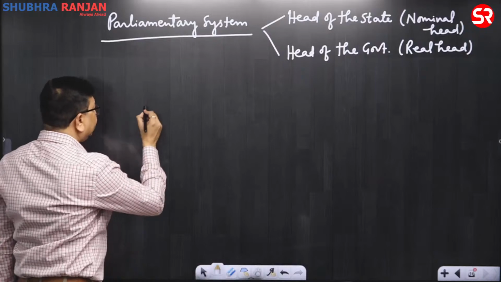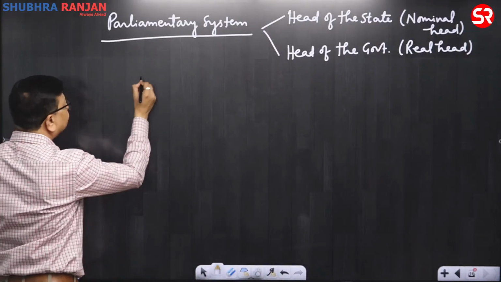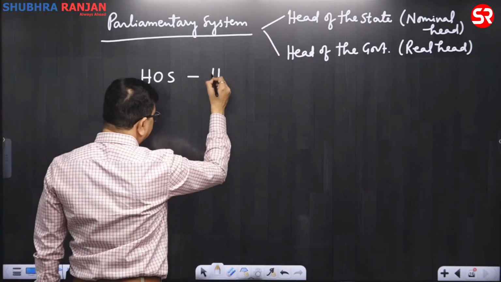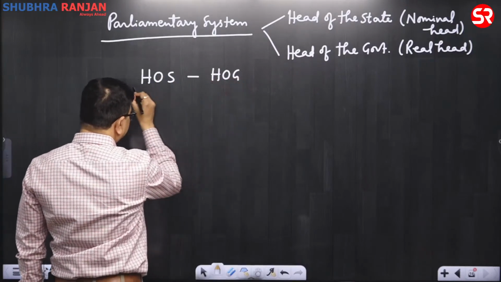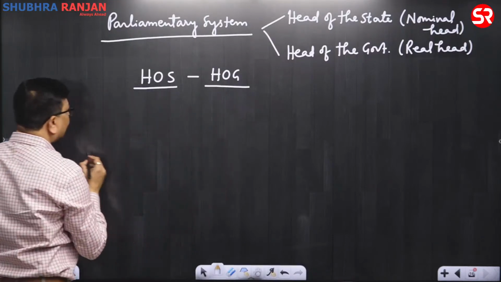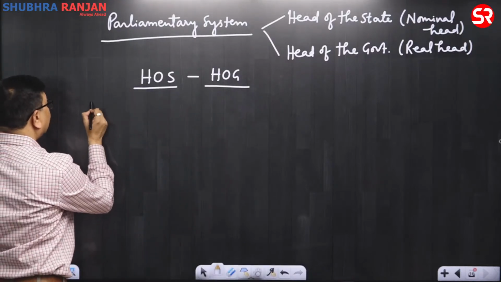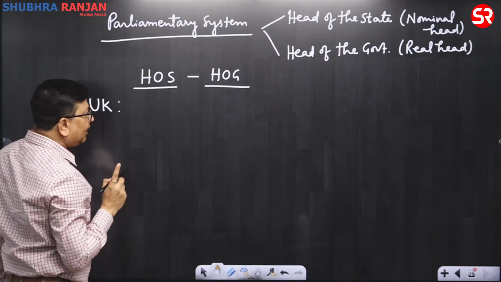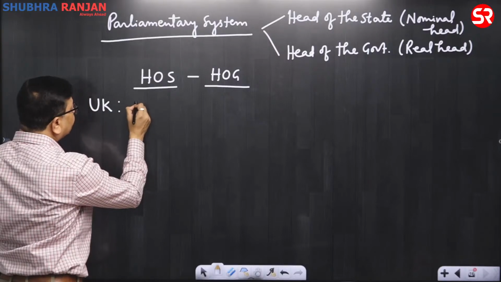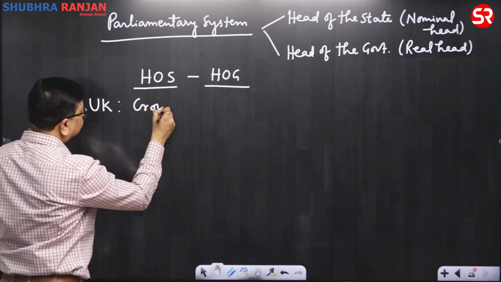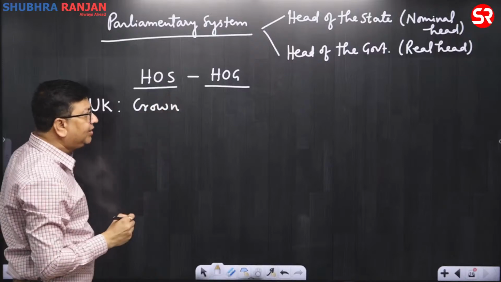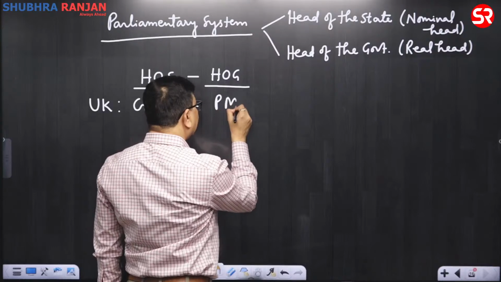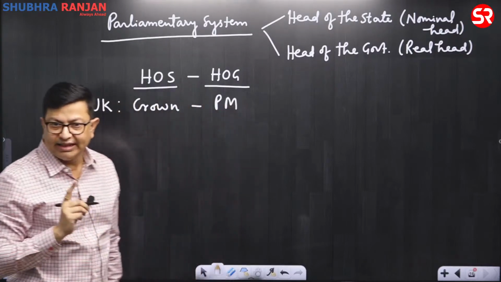For example, United Kingdom. In the United Kingdom, the crown is the head of the state and the head of the government is the prime minister, who is the real head.